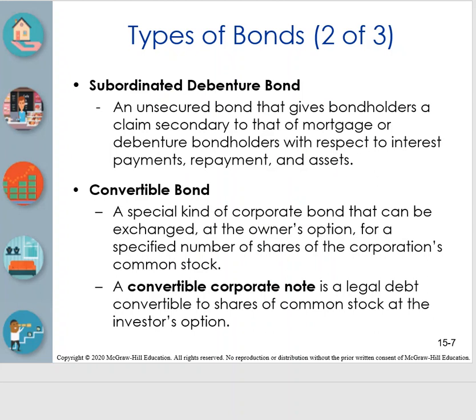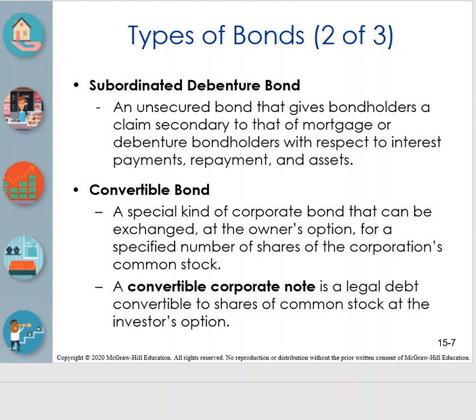Another type of unsecured bond is known as a subordinated debenture bond. This gives the bondholder a claim secondarily to that of the mortgage debenture bondholders with respect to such things as interest payments, repayments, and assets. Another type of bond I want you to know about is a convertible bond.